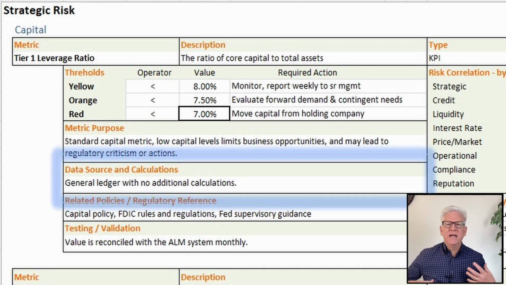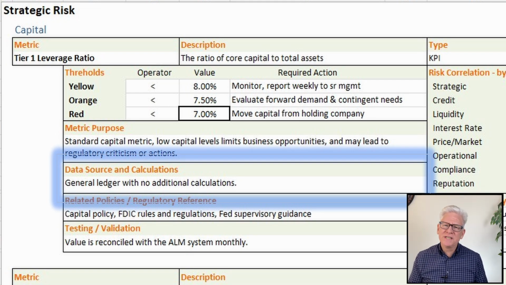The next is our data source and related calculations. In other words, where did this data come from? What system was it sourced from? Was it a software application, someone's spreadsheet, or just somebody's head? Now, at minimum, I at least want to know what system this data point comes from, if only to have the ability to trace it back to that system to verify it.